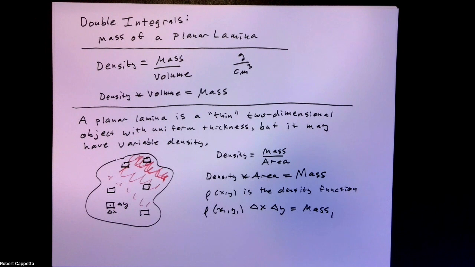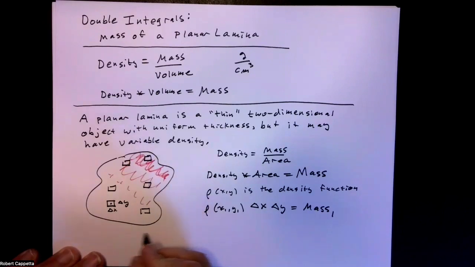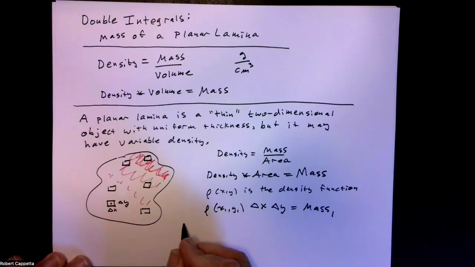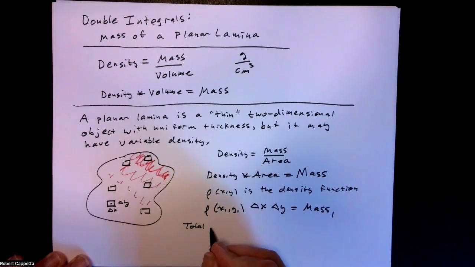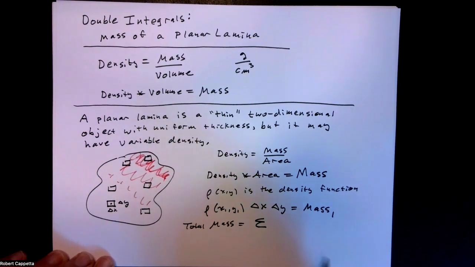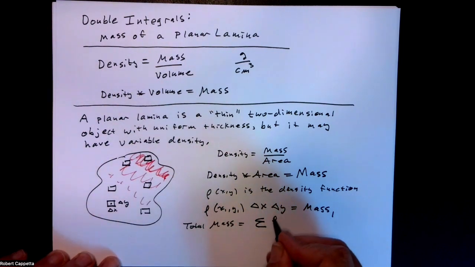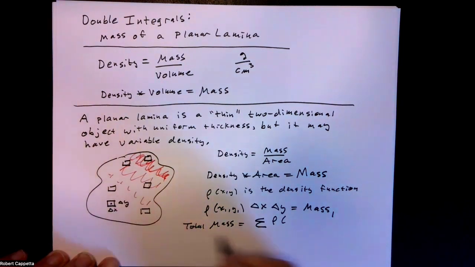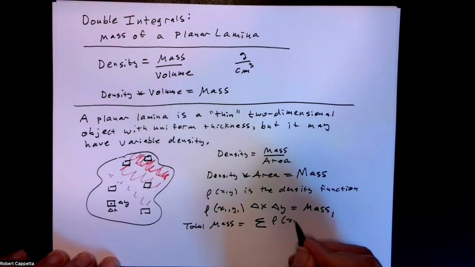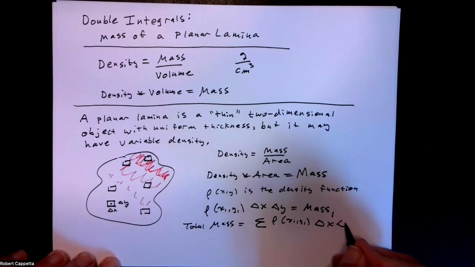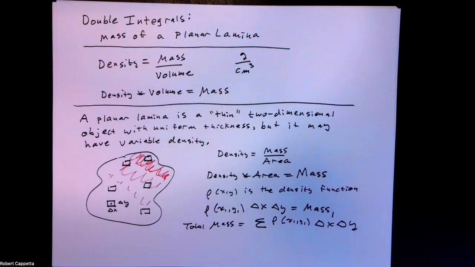So the total mass would be the sum of all of those pieces. So total mass is the sum of all of those individual pieces. The individual piece, again, was rho at the point x1, y1 in the middle of that little box, times change in x times change in y. Well, you know what we do from there.